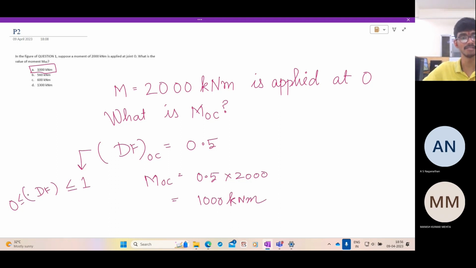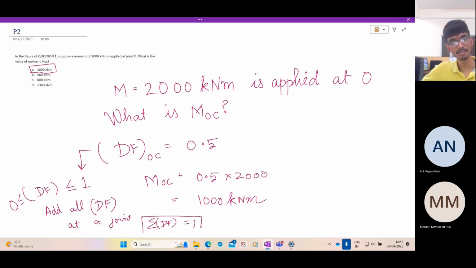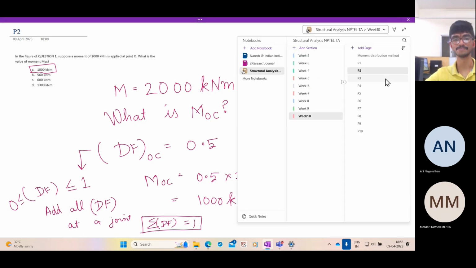It can happen in certain complicated situations, but not when there are linear elastic beams connected at a given joint. And if you add all the distribution factors at a joint, you should get 1 because the total moment has to be the same. That you can check. You can take some example and check.